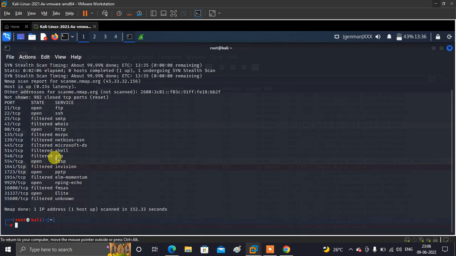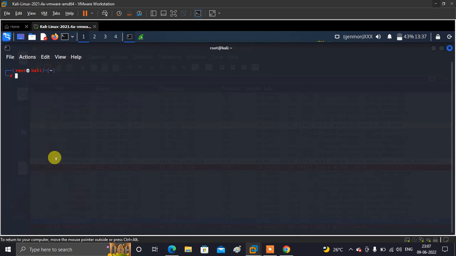So now we will discuss a scanning mechanism called Xmas scan. To perform Xmas scan, again we are going to correct the syntax, so we include -sX as the switch.